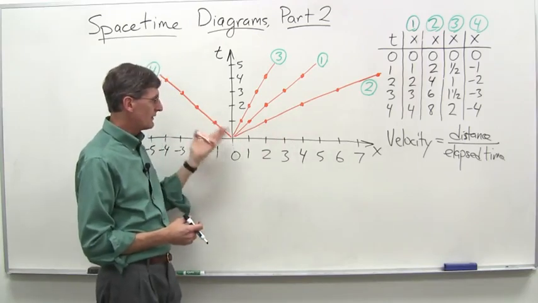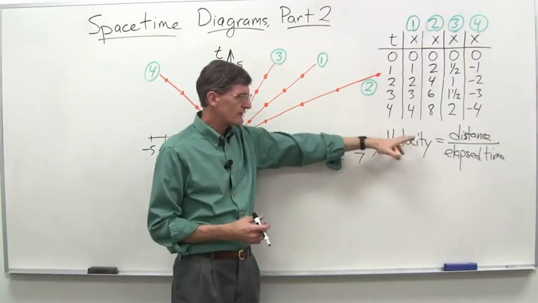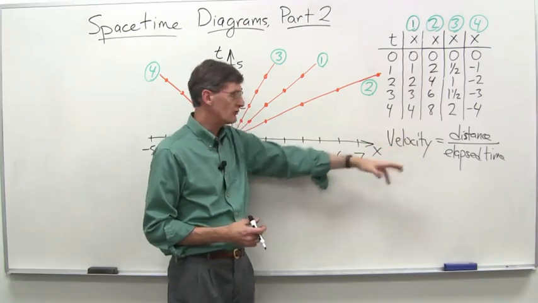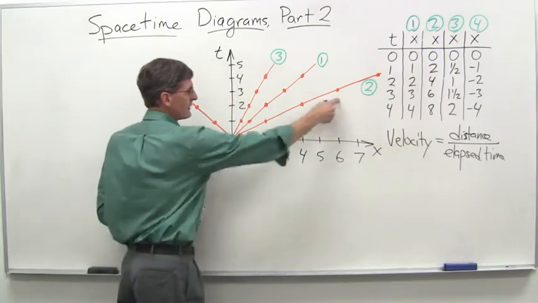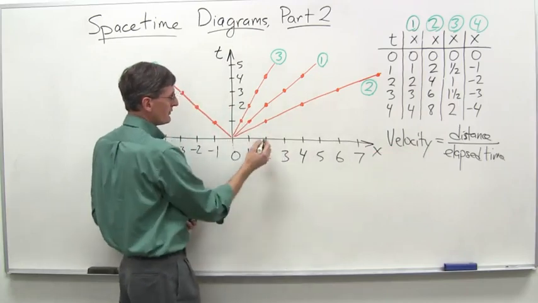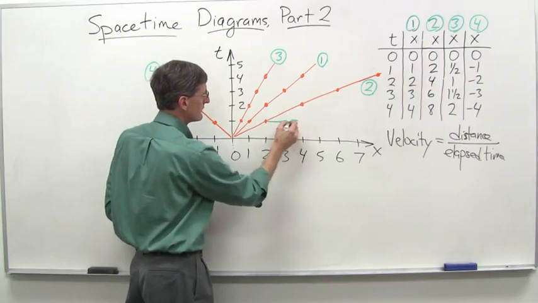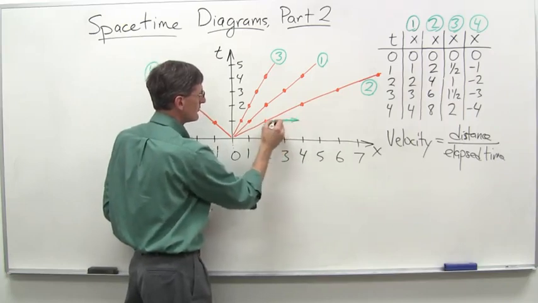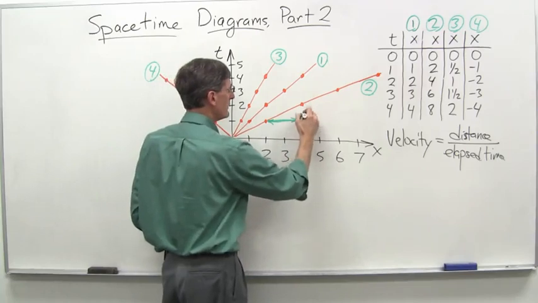But here's what we are going to do. Velocity is distance divided by time, essentially. So let's look at number 2 here. The distance traveled, say, from here to here. That's not a very straight line. So there's the distance traveled, and here's the time.